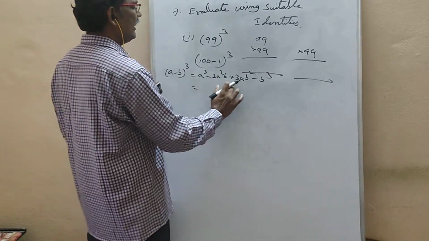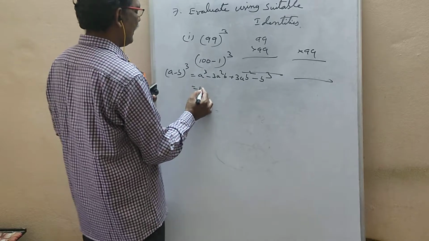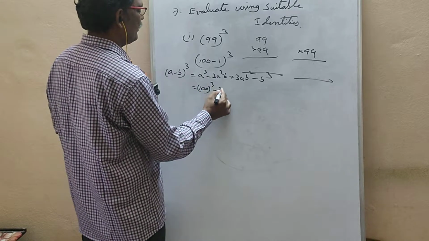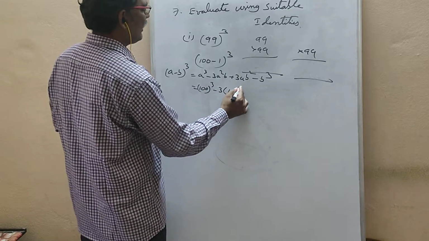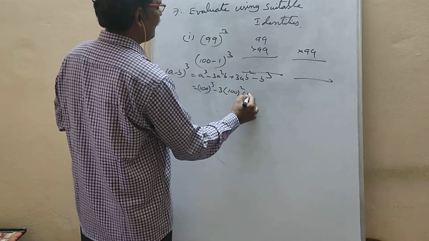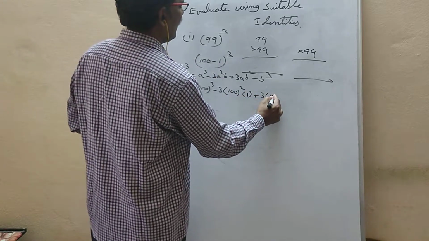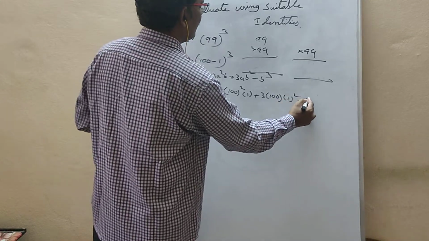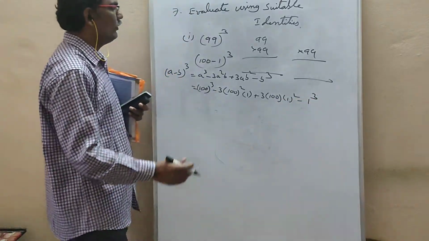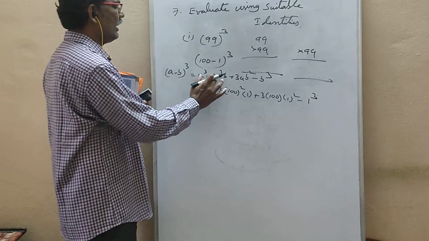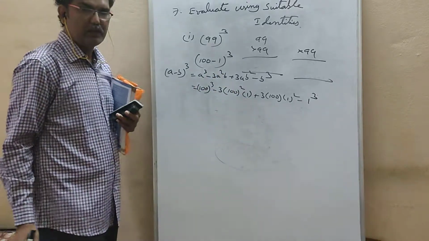So here in place of a you have to write 100. 100 cube minus 3 into 100 square, b means here 1, plus 3 into 100 into 1 square minus 1 cube. So wherever a is there I wrote 100, wherever b is there I wrote 1.